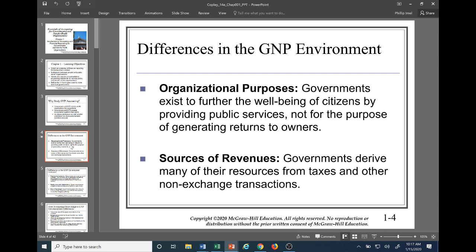Once again, the sources of revenues are going to differ in this sector. Governments obviously are going to derive many of their resources from taxes and other non-exchange transactions, which could be donors or pledges. But the main source is going to be from the power to levy taxes. So that's a big difference there. Whereas in the public sector, it's going to be based upon selling a service or a product.